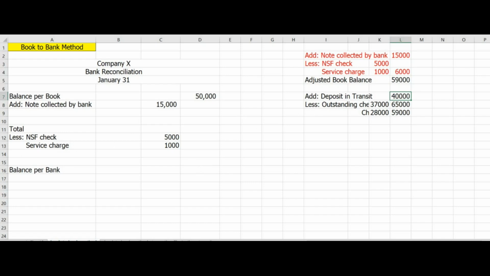So what we will do is deduct the deposit in transit of 40,000, because it was already included in the 50,000. So, deposit in transit, the amount is 40,000.